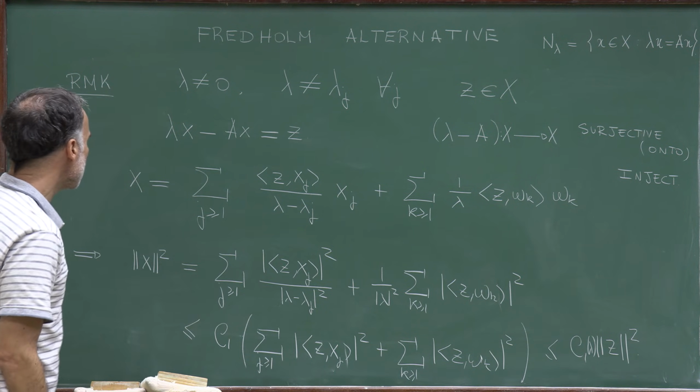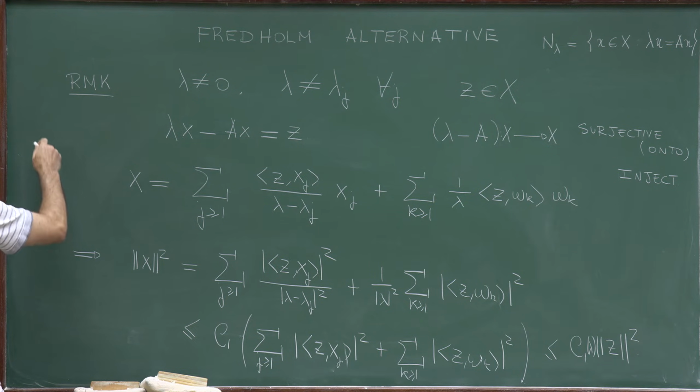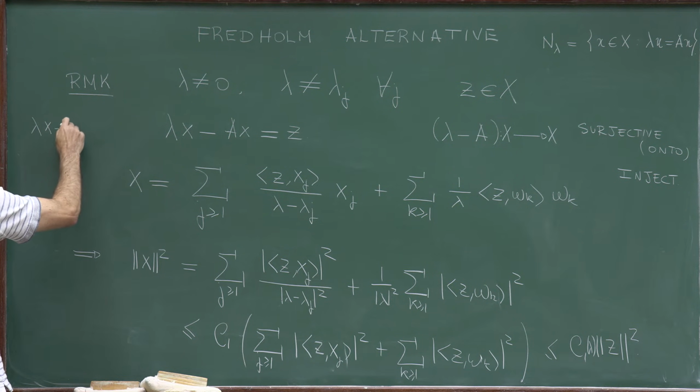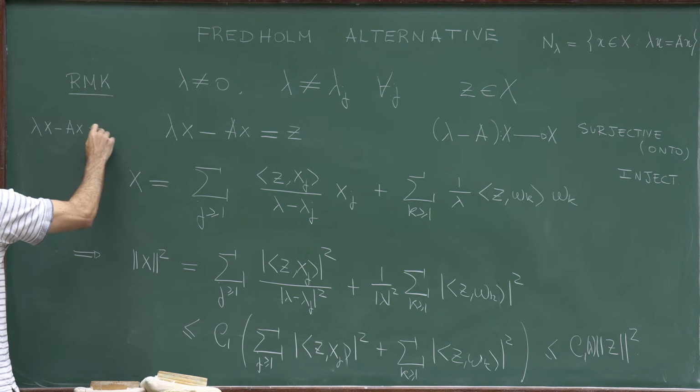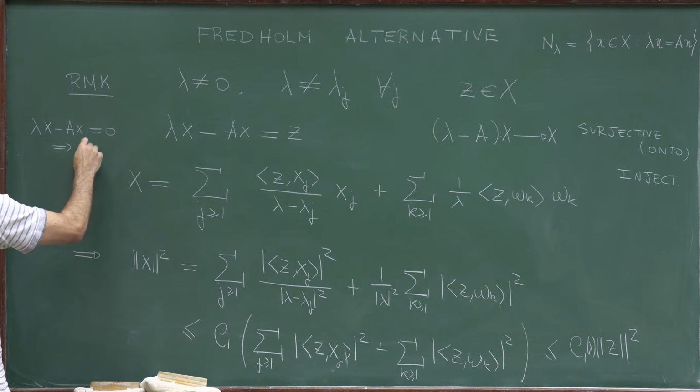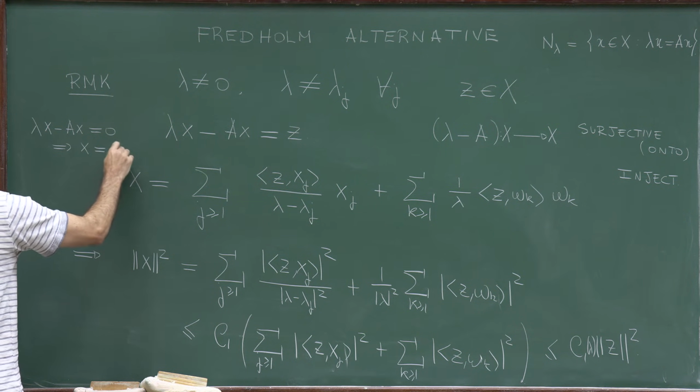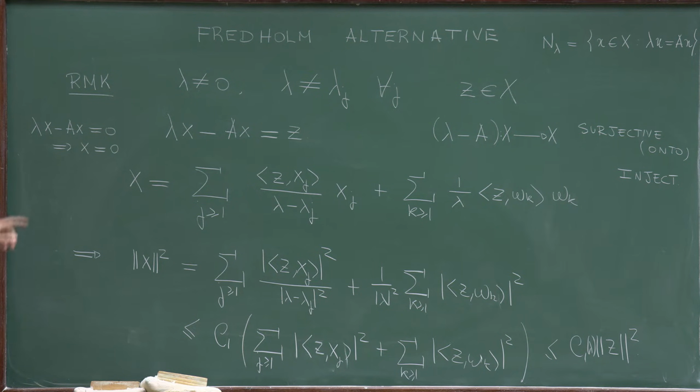Why is it injective? To prove that it's injective, I have to show that if lambda x minus Ax is equal to 0, then x is equal to 0. I claim that x is equal to 0. Assume that x is not 0, and let me get a contradiction.